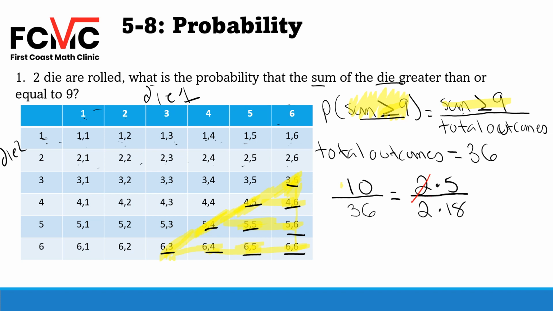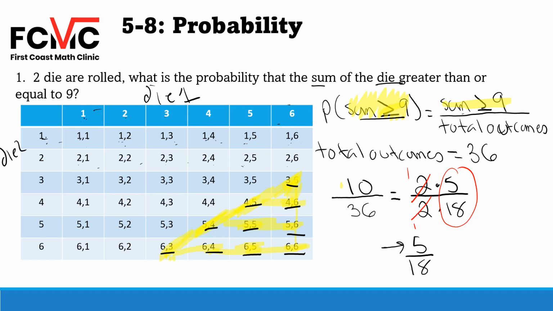Divide the 2 and 2 into 1 and 1, and we're left with 5 over 18. So our probability is going to be 5 over 18. So for 18 rolls of 2 dice, 5 times we're going to get sums greater than or equal to 9.